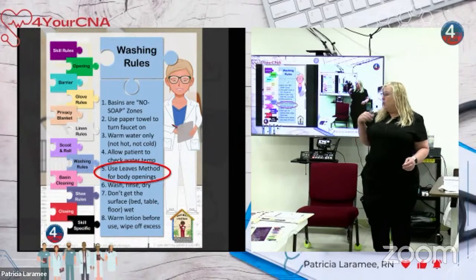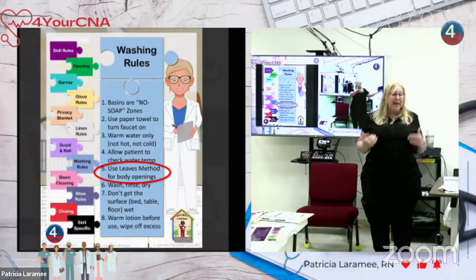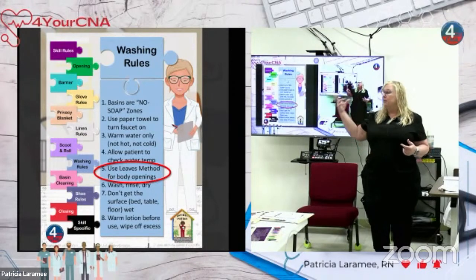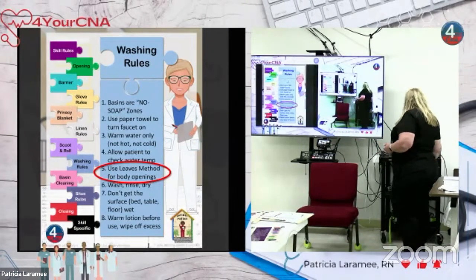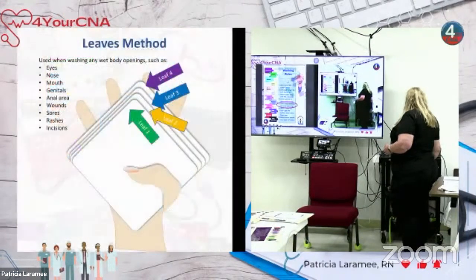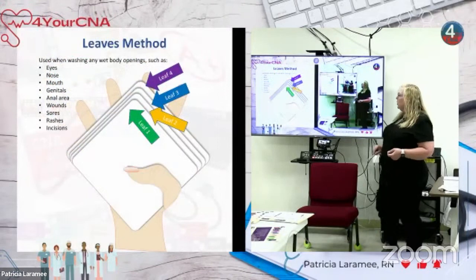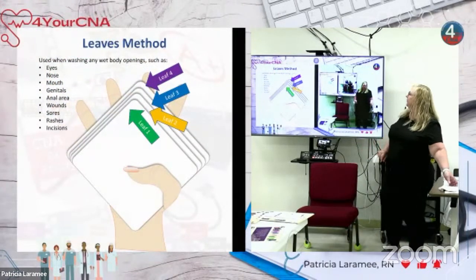So if we're going to wash any of those body parts, we have to be aware that pathogens may leak from them, and we don't want to transfer those pathogens to other places. So we have to have a way of washing those areas without transmitting pathogens. So we're going to use the leaves method.